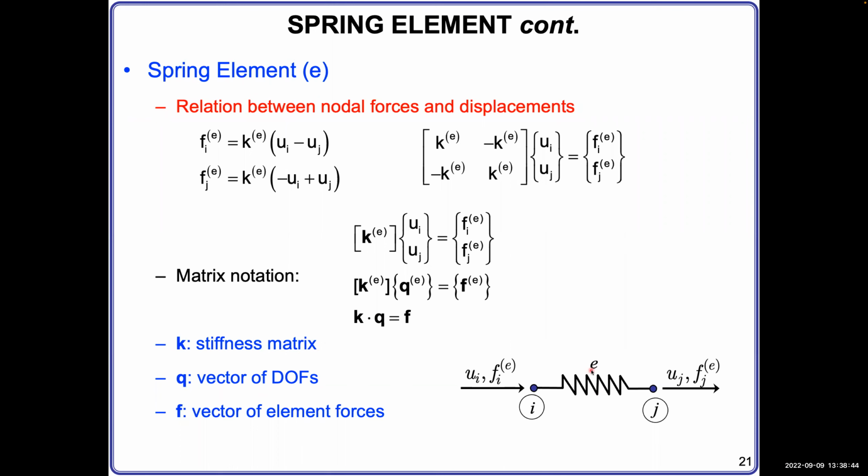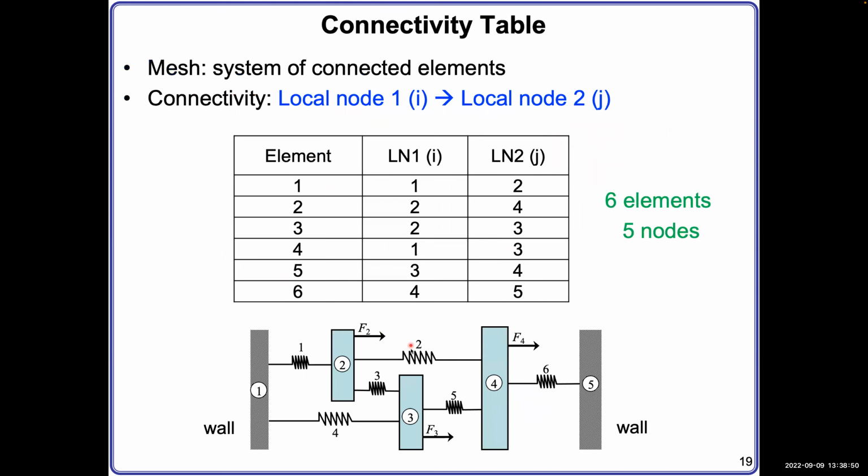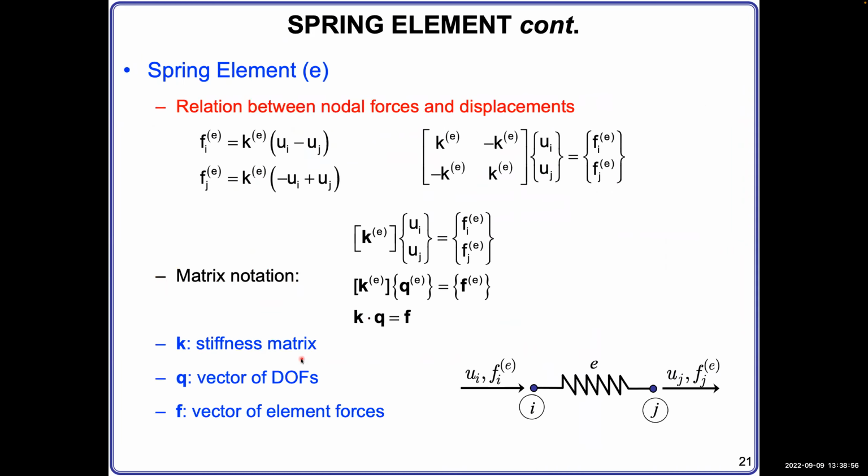In our system, we have many of these elements, many springs, and for each one you can write this equation. Then you assemble them together into the global form for the whole system, and make the whole system into a capital matrix symbol.